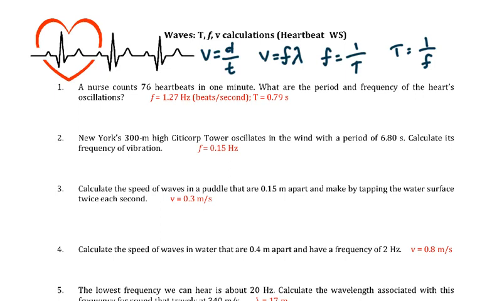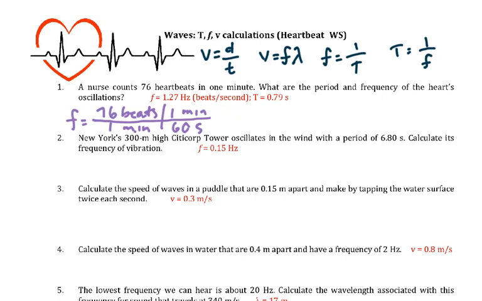If you recall, the definition for frequency is oscillations per second. This problem gives us heartbeats or oscillations per minute. So the first thing we need to do is a conversion. So we have 76 beats or oscillations in 1 minute, and we need to know in 1 second. So in 1 minute, I have 60 seconds.